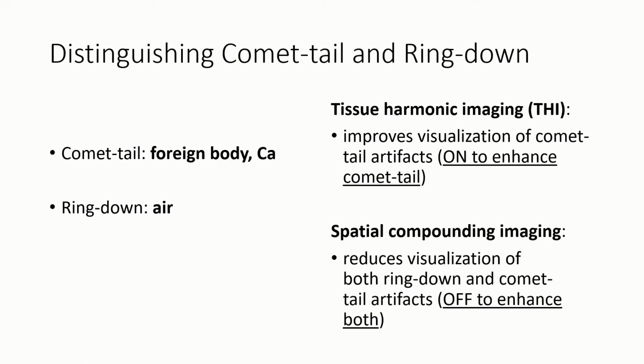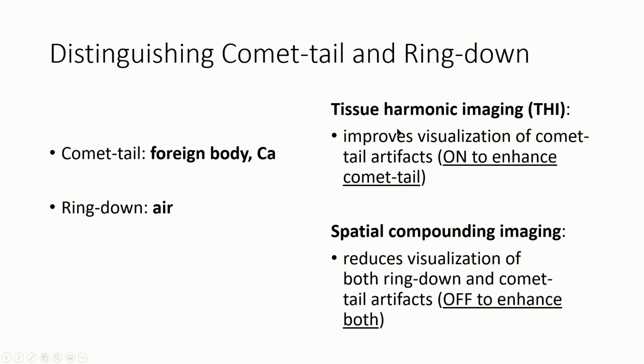So sometimes it's important to distinguish those similar artifacts, Comet-tail or ring-down artifact. Comet-tail artifact is usually made by foreign body or calcium or metals, hard stuff. On the other hand, ring-down artifact is caused by air. So we can distinguish by utilizing tissue harmonic imaging or spatial compounding imaging.